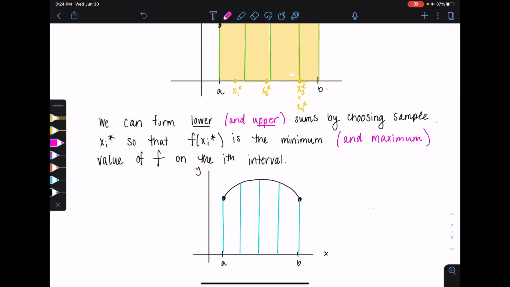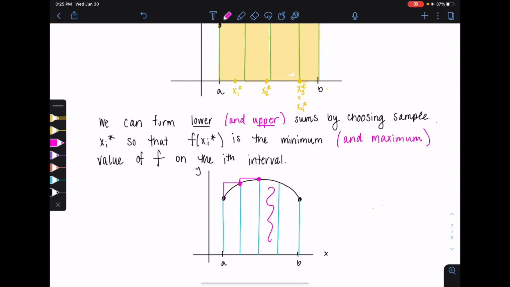If I have this function from a to b, I want to pick the point that gives me the most for my maximum. So on this first strip, if I want to make my height as large as possible, I would pick this point to give me this over approximation as big as I possibly can. On the second strip, this is the largest y value I have, so I would pick that point to give me my upper sum.